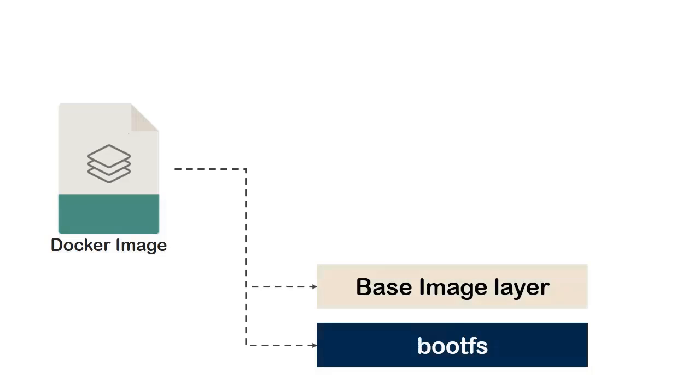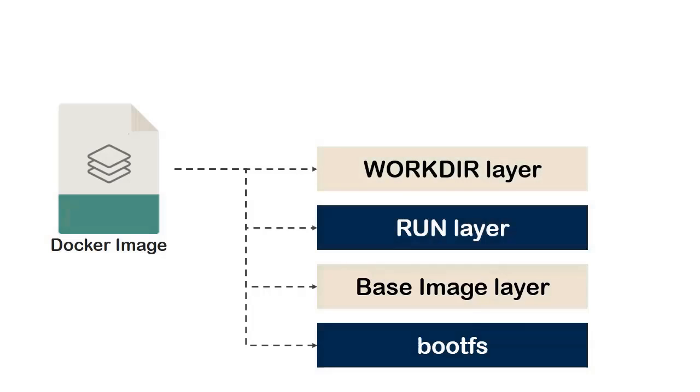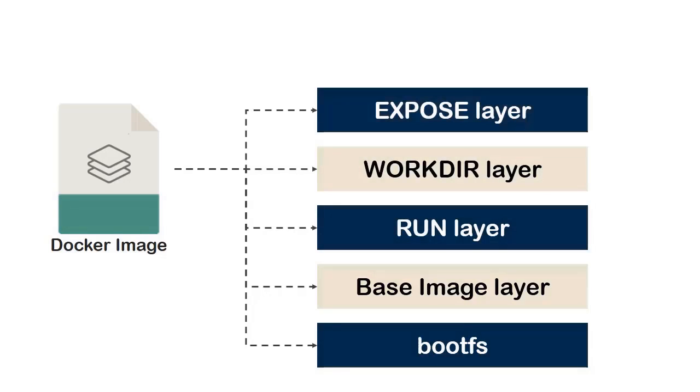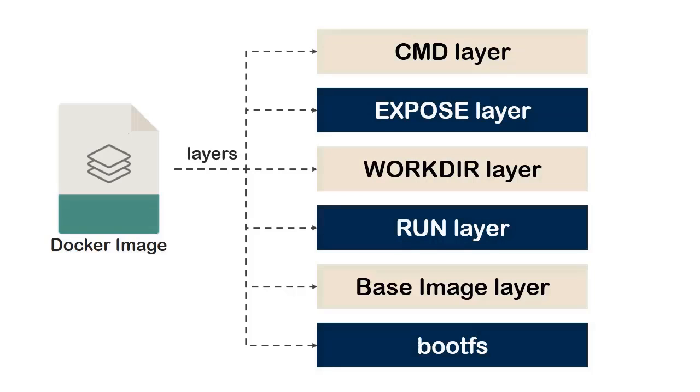On top of that, we would have the base image layer, which, along with the layers above it, will follow the file mapping laid out by the boot file system layer. Next, we have layers such as work directory, environment variables, ADD, COPY, EXPOSE, CMD, etc.